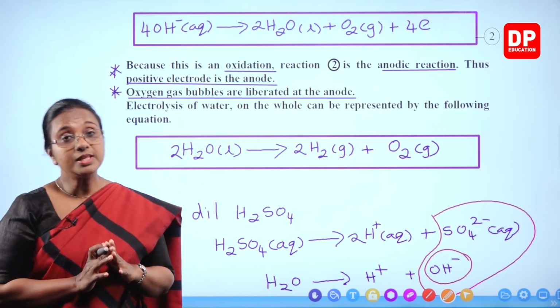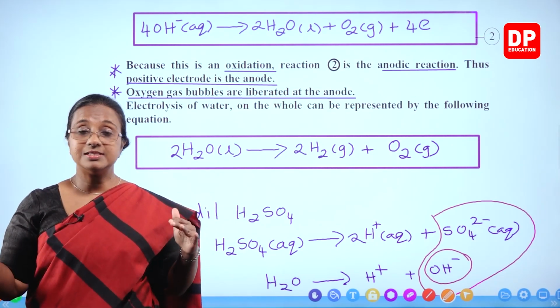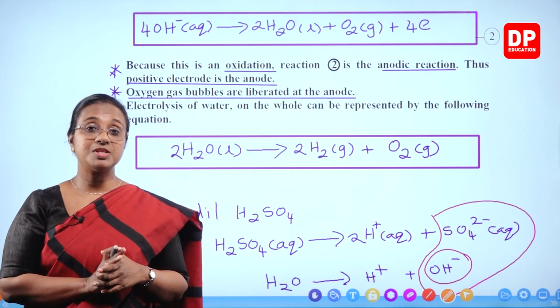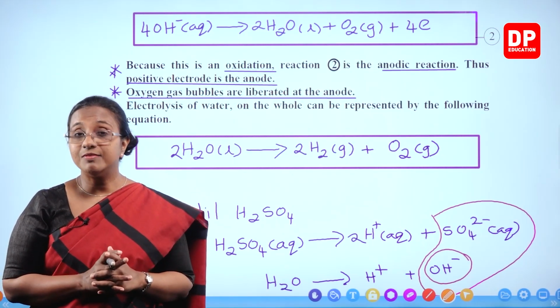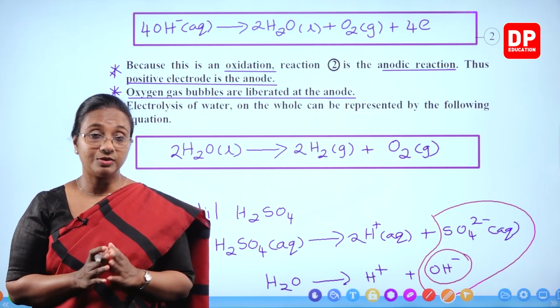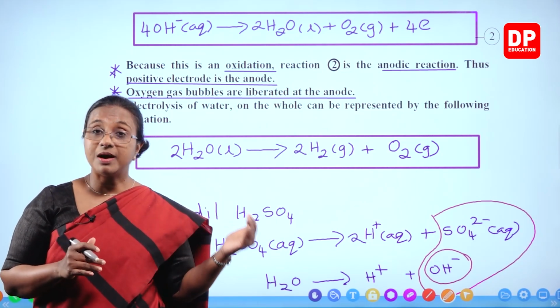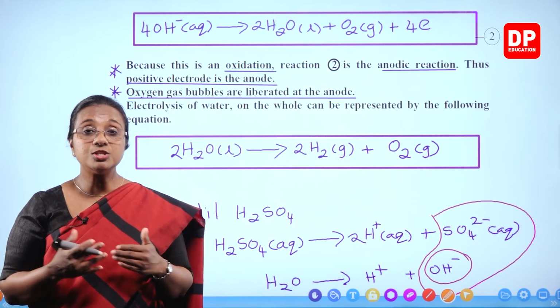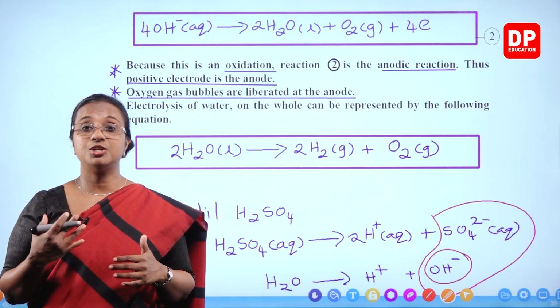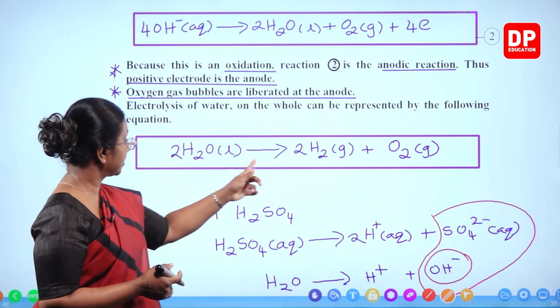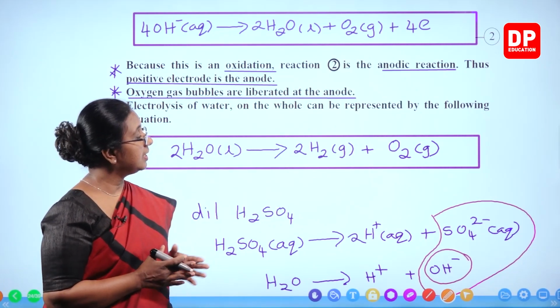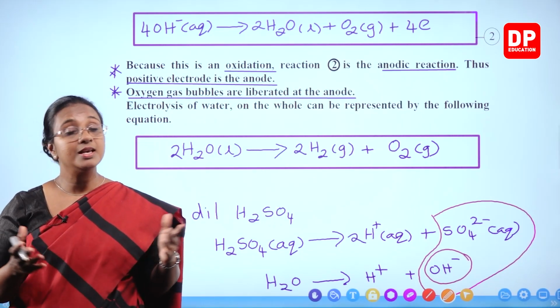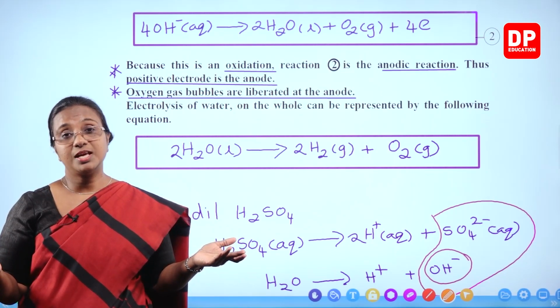Now, from all these observations, students, all these different types of electrolytic processes, I am sure you all have a very good idea as to what electrolysis is. That is, by supplying electricity, we make a non-spontaneous chemical reaction take place. This reaction, water being separated into H2 gas and O2 gas, is not a spontaneous reaction.